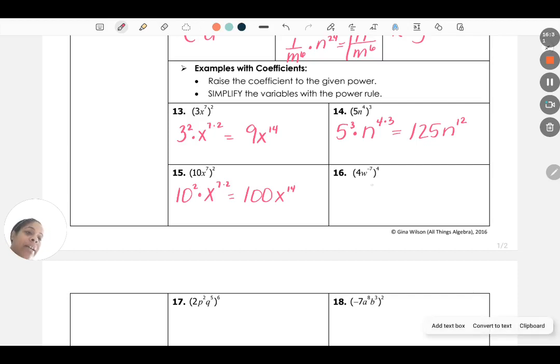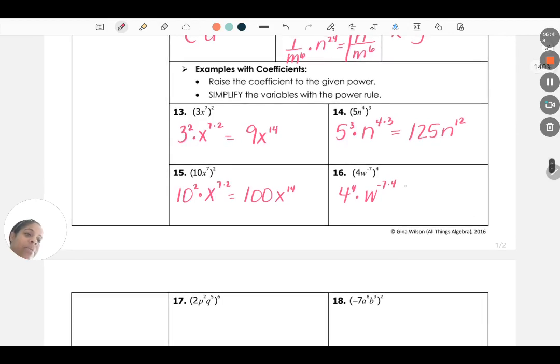And then we have 4 raised to the 4th power times w, negative 7 times 4. All right, that will give us 4 times 4 is 8. 8 times 4 is 28, and 28 times 4 is, oof, I don't have my calculator, I left it.